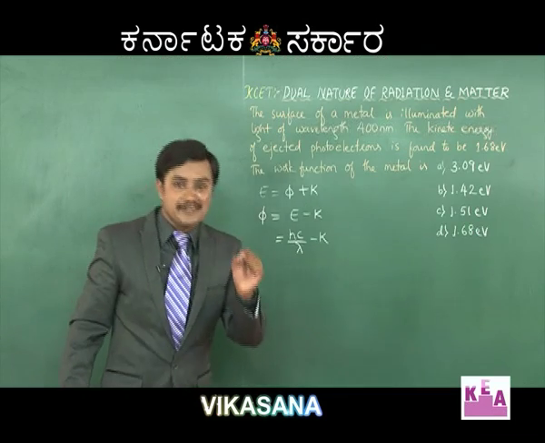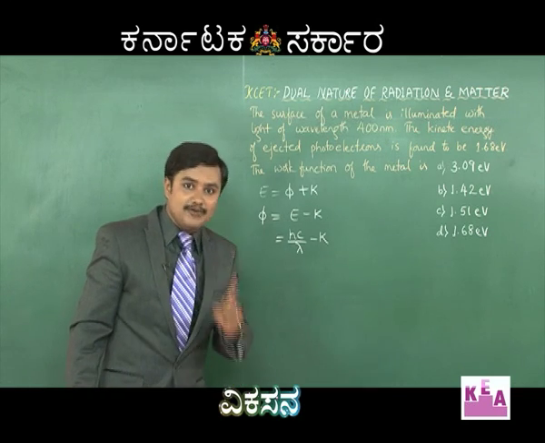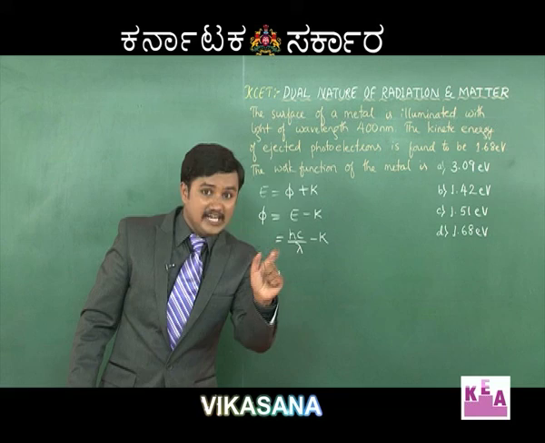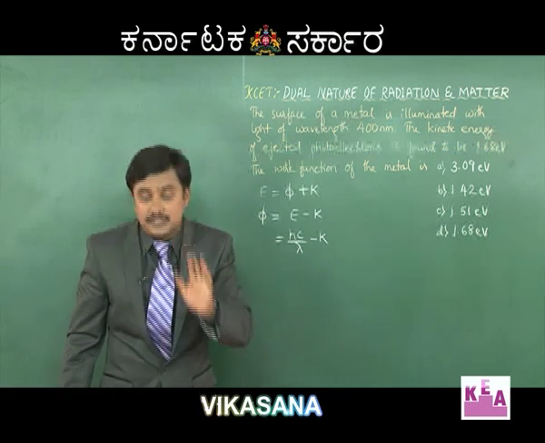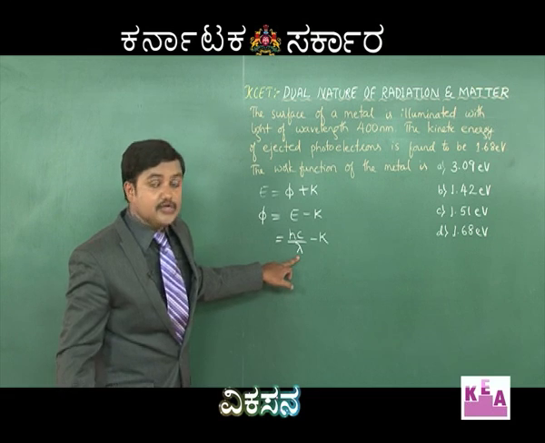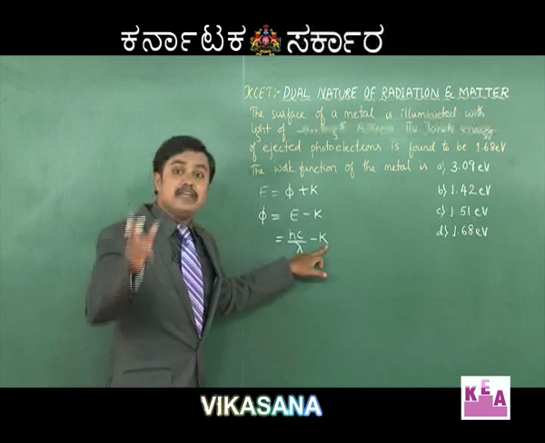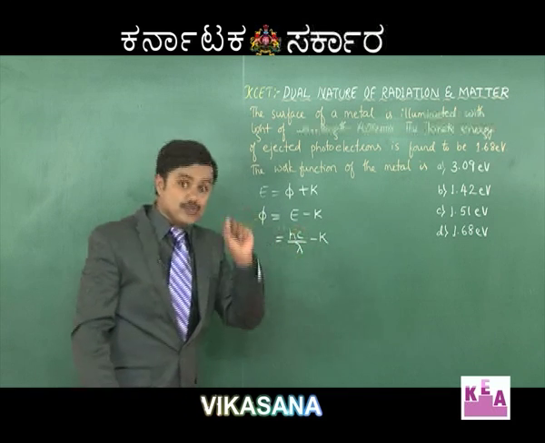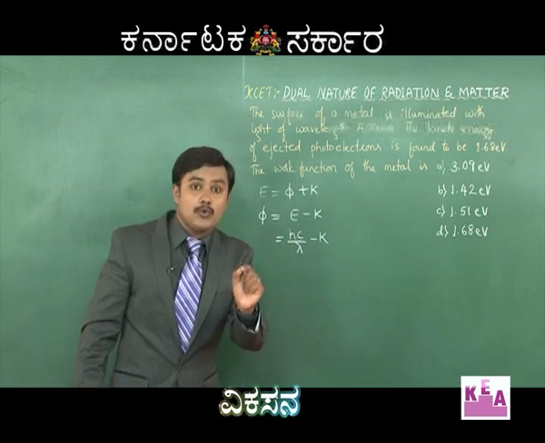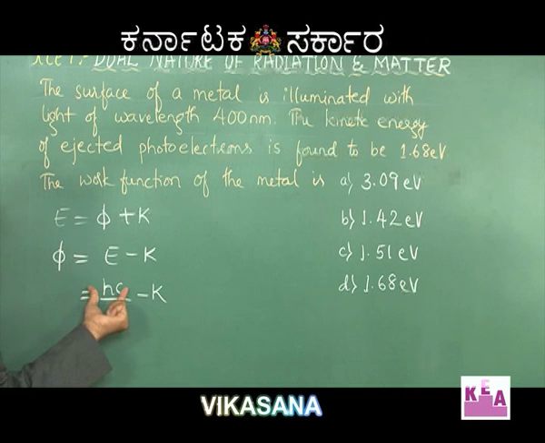But you must remember the value of hc, as I am repeatedly telling you. The value of hc can be written in two different units, one in terms of electron volt, the other in terms of joule. You also have to consider the unit of lambda here. Usually lambda will be given in nanometer and kinetic energy in electron volt, so your hc should be expressed in electron volt nanometer.